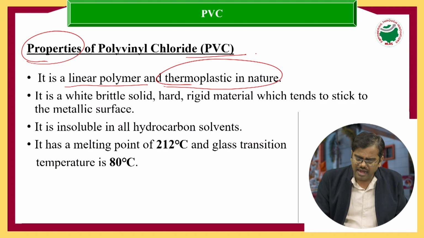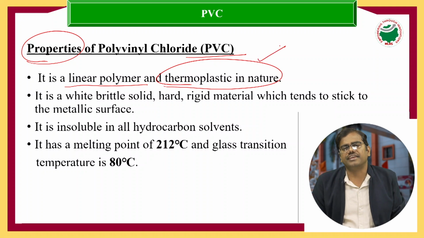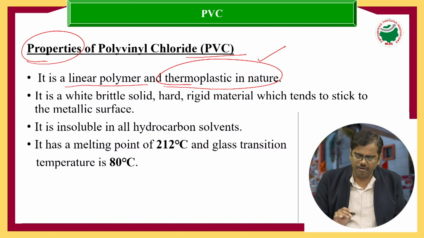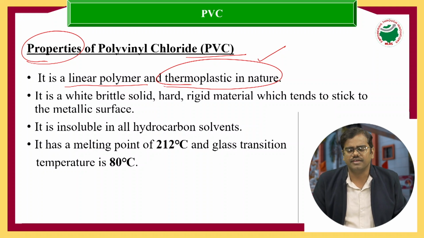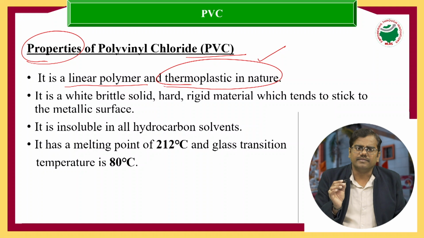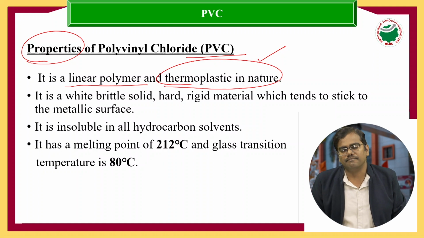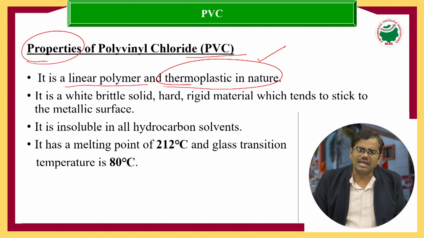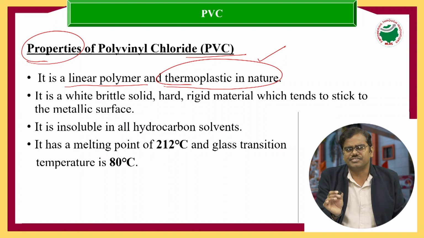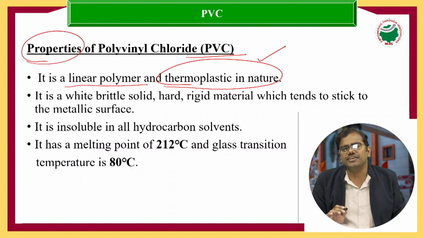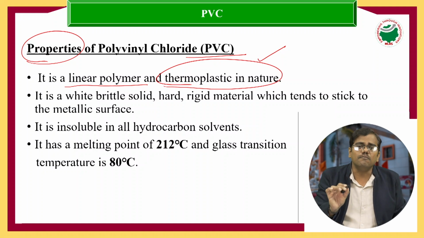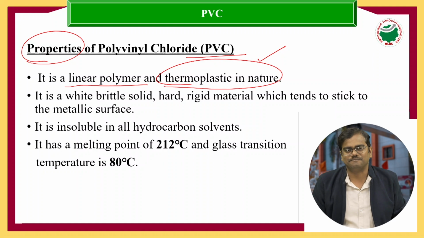At the same time, it is thermoplastic in nature, as we have already discussed in the previous classes about thermoplastic and thermosetting materials. Thermoplastics are plastic materials which can be softened on heating and hardened on cooling. Such thermoplastic resins we can synthesize by addition polymerization.